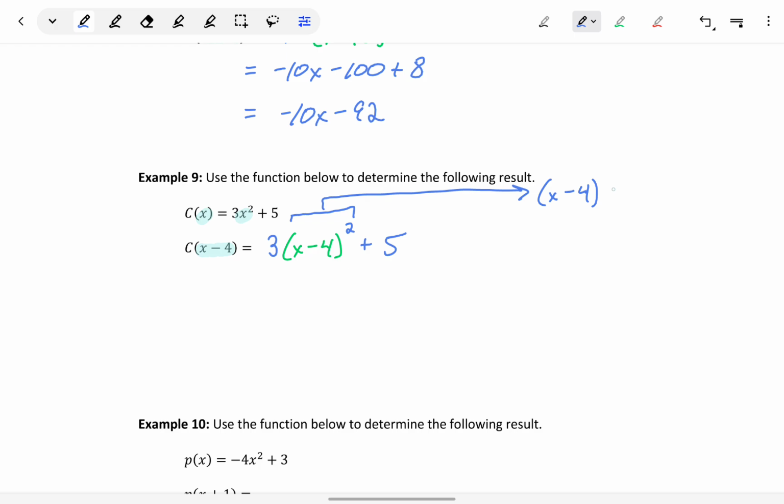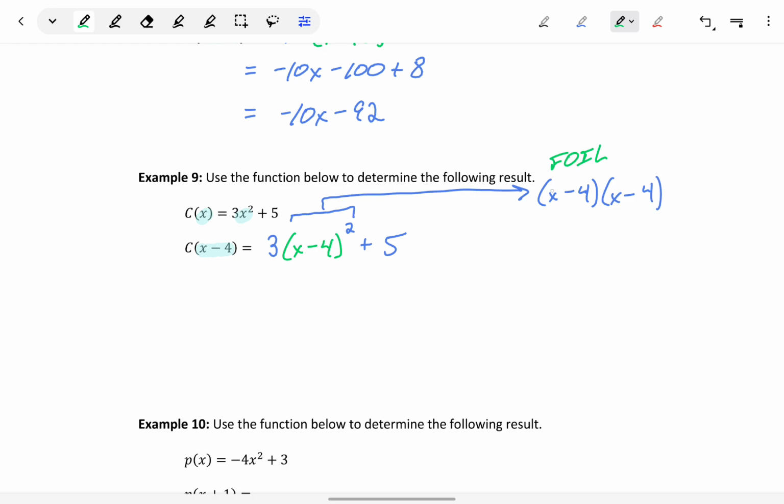This is the same thing as saying x minus 4 times x minus 4, because anything squared is that value times itself. And from here, there are two different ways to think about expanding this out. If you remember how to FOIL, first, outside, inside, last, great, do that.